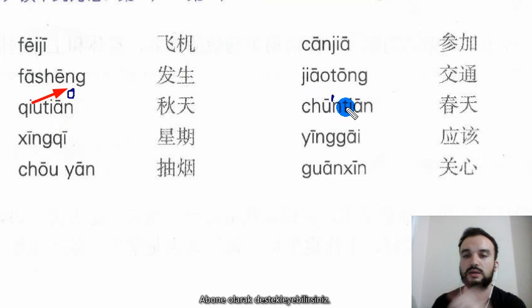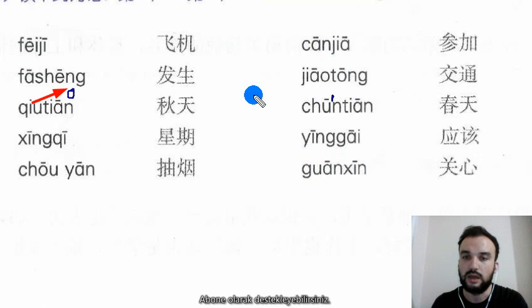Chuan tian, chuan tian. 星期,星期。应该,应该,应该。抽烟,抽烟,抽烟。关心,关心,关心。Like this.